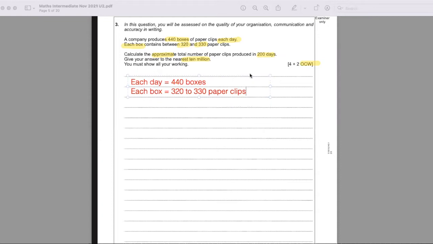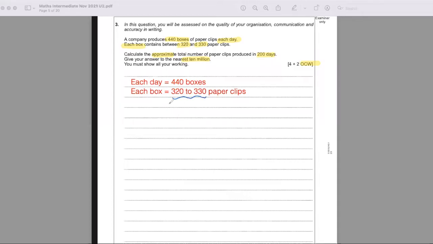Because this is approximation, you can't just use 320 to 330. You need a number. So any number between 320 to 330, you would get a mark for that, okay? Anything less than 320 or more than 330, you won't get any mark for doing that calculation. I'm going to use the average, so the mean, of 320 to 330.